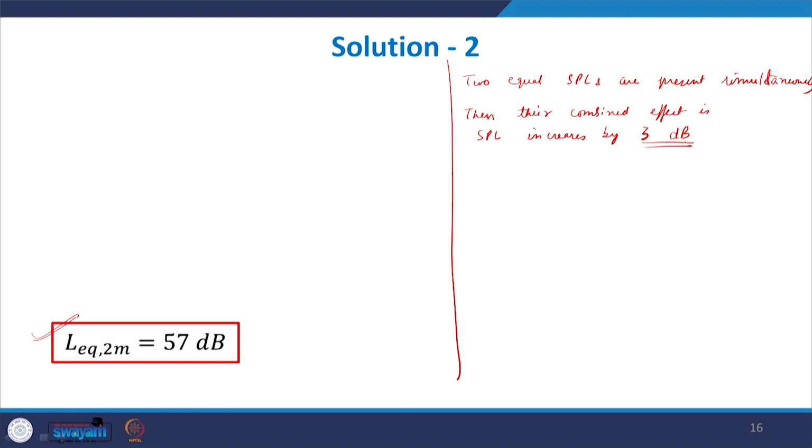As you can see, the decibel scale compresses all this difference. Let's say we have 2 sound sources, one emitting 60 dB sound and the other also emitting 60 dB sound. Then the combined effect is not going to be 120 dB, it is going to be 63 dB. So it increases by 3 dB.